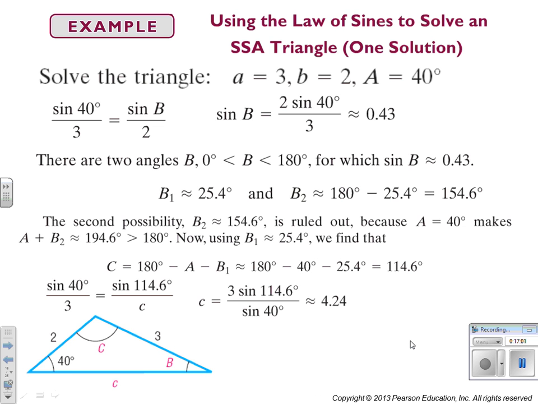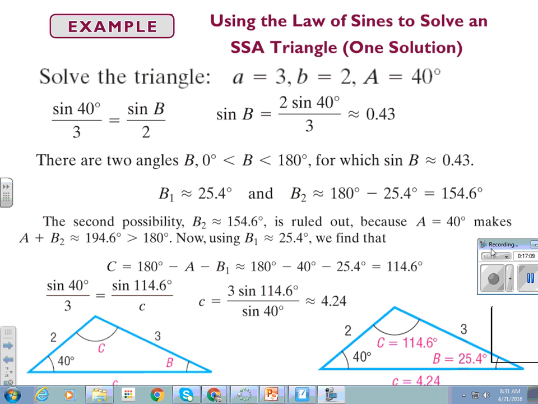Awesome, 4.24 for C. So we cross multiply, divide by sine of 40. Make sure we put everything on our triangle. Angle C is 114.6, angle B is 25.4, and side C is 4.24.